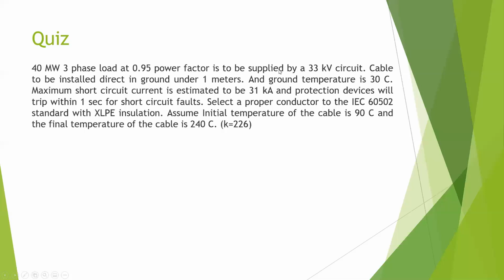So you have to make sure every correction factor is there when you are doing the design, and you have to do the design according to IEC 60502. The conductor should be according to IEC 60502. So you have to refer to the table I just showed you.